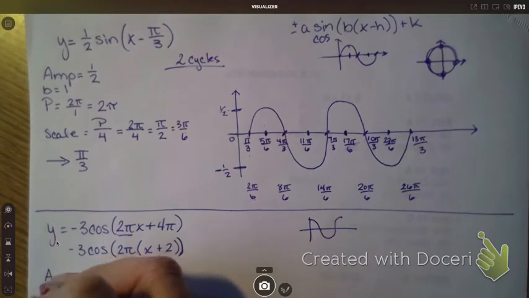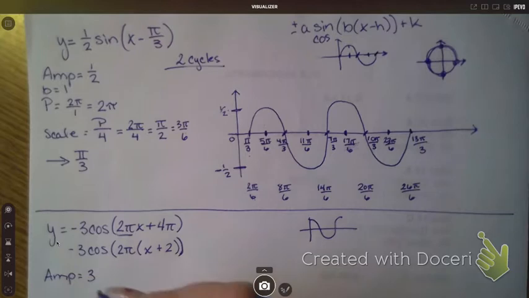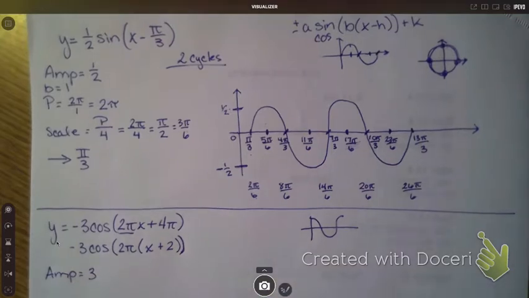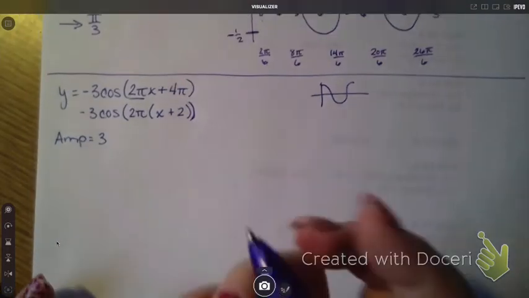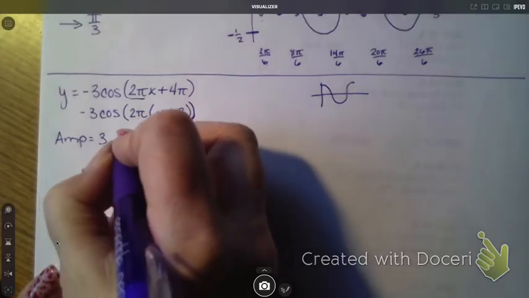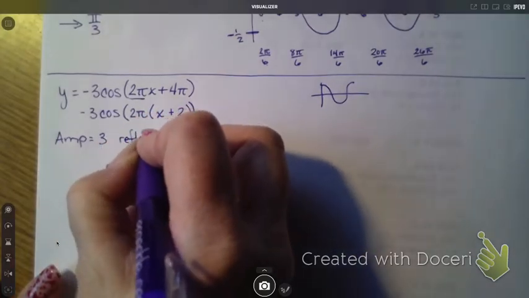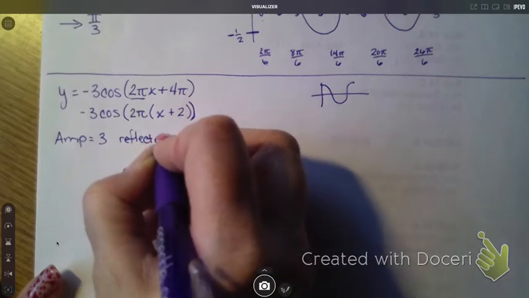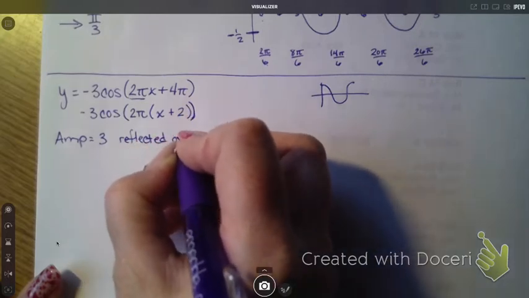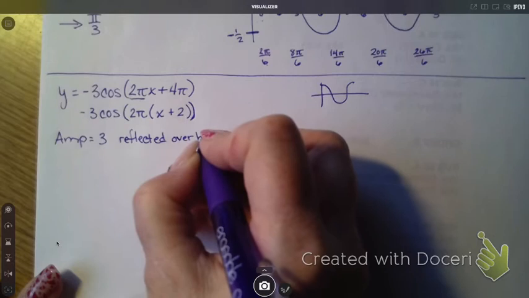The amplitude is 3. Thank you for not saying negative. What does the negative tell me? It's reflected.